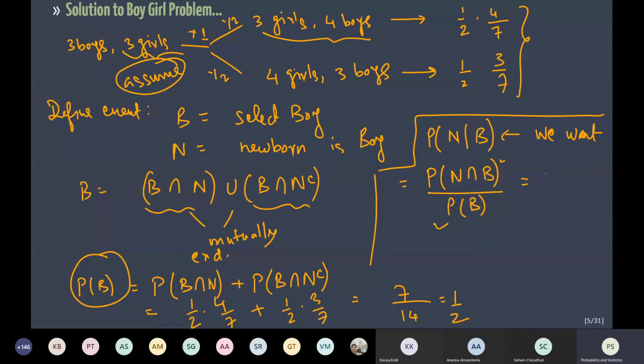So this is half times 4/7, that is N intersection B, right?